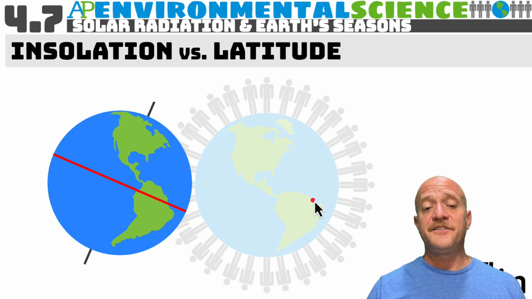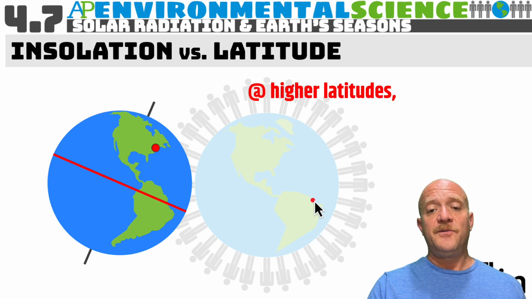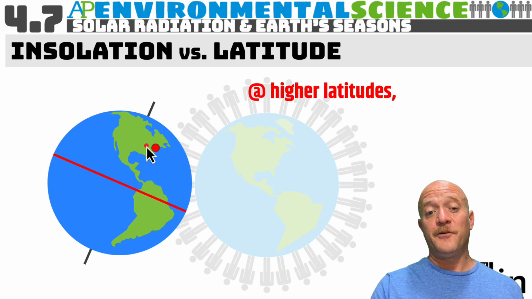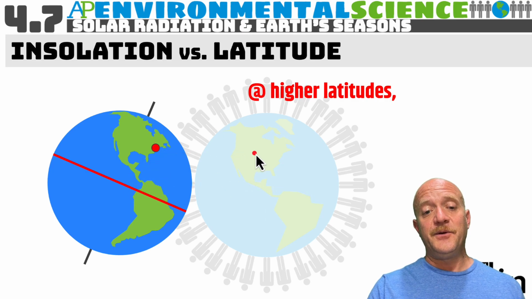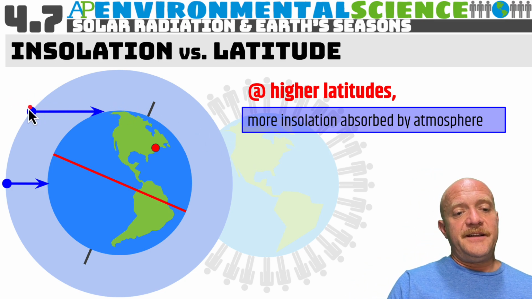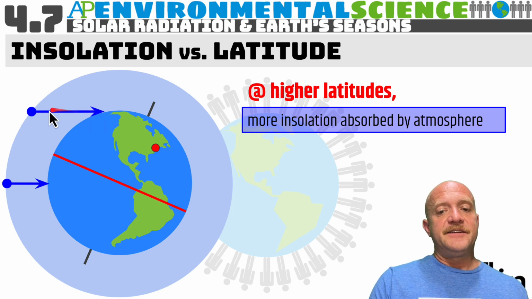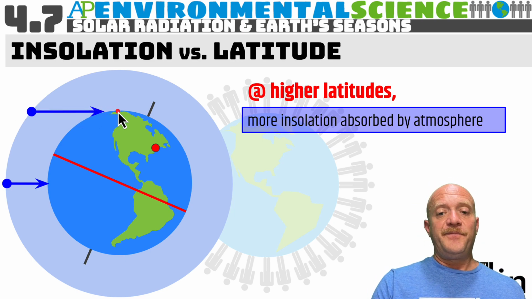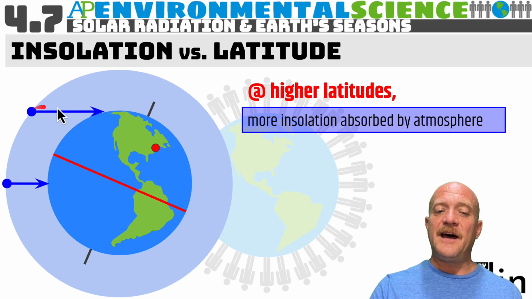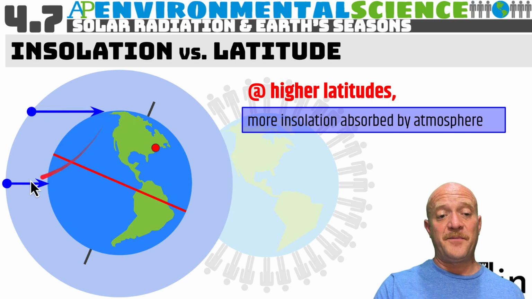Now, insolation versus latitude. Latitude is how far away from the equator you are found. So if we look at us in New York, at higher latitudes, more of the solar energy is going to be absorbed by the atmosphere. So at higher latitudes, it's a lot more difficult to warm the surface of the planet.